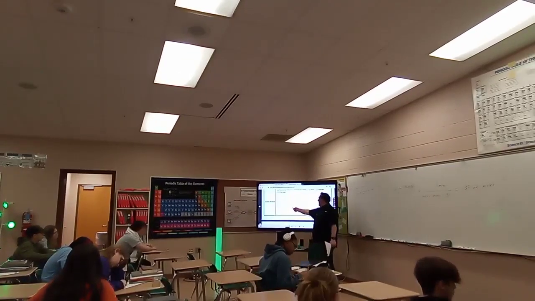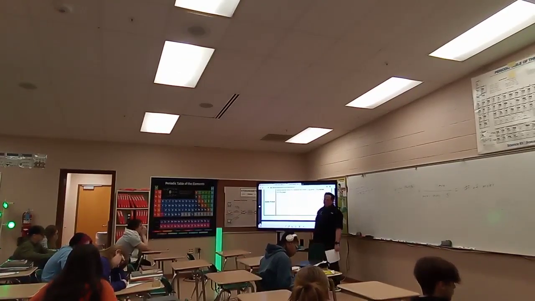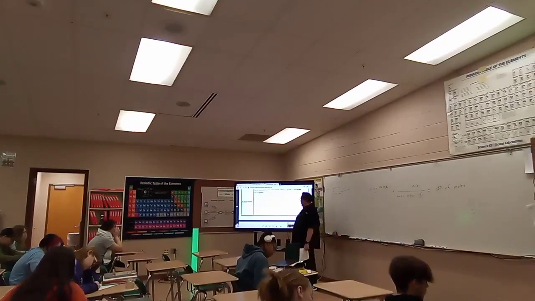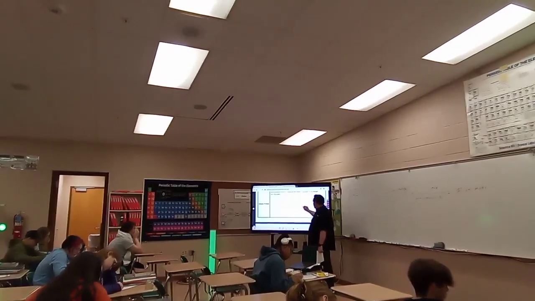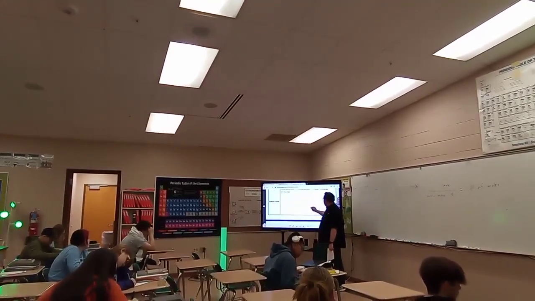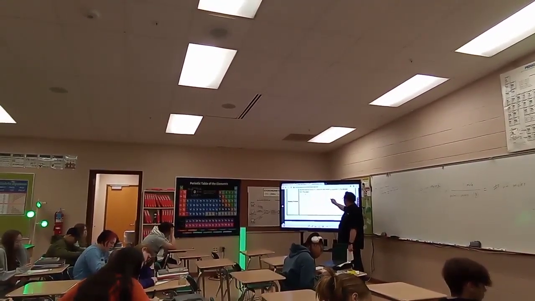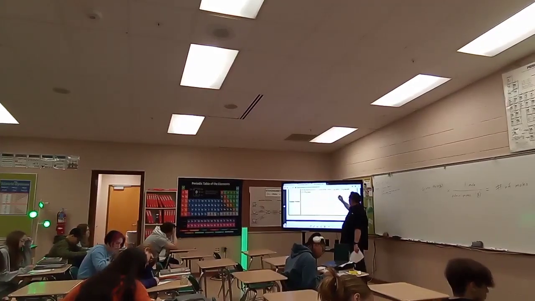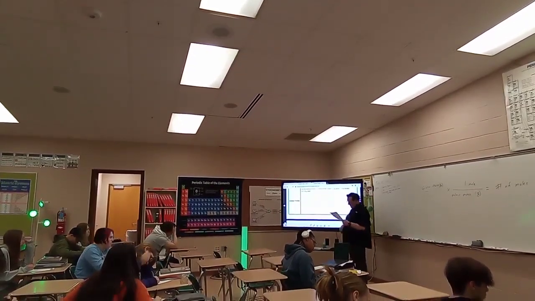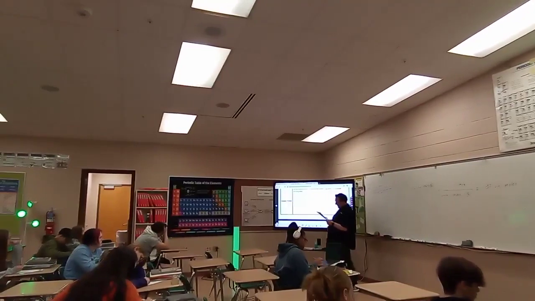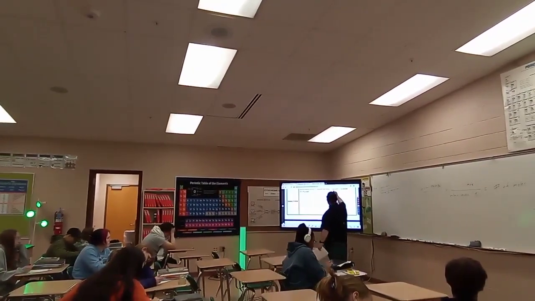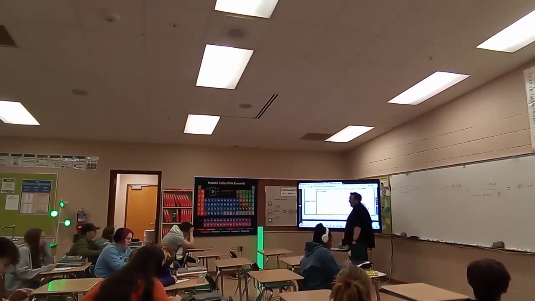I took the smallest one right there and divided each of those by that. That means oxygen is going to be 1. That means that hydrogen is going to be 10. And carbon is going to be, we're going to come up to about 4.9.